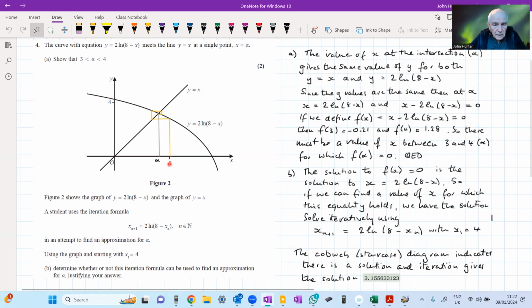So let's have a look at if we draw this thing here. If we've got the graphs here and we can draw this, it's interesting what we're actually doing. First of all, if we put 4 in and evaluate 2 natural log of 8 minus 4, the value is actually here, isn't it? We can read off the value here. What was it? 2.77 or something like that. So we're going to try again.